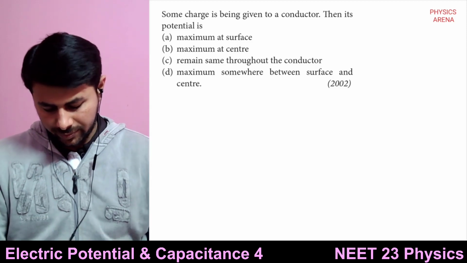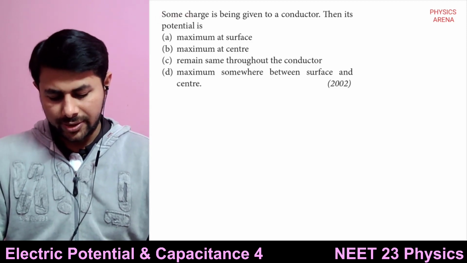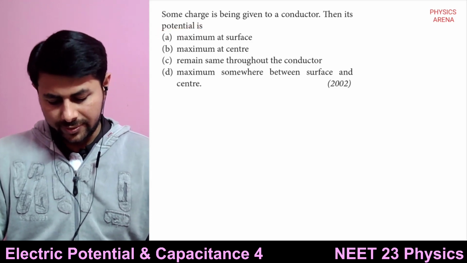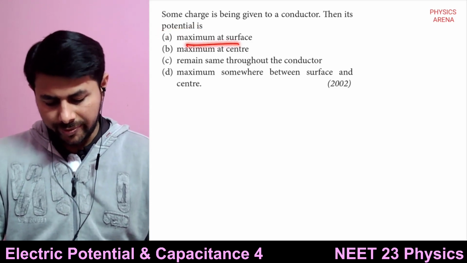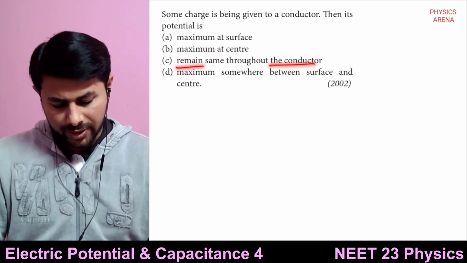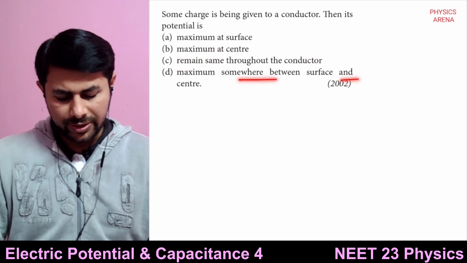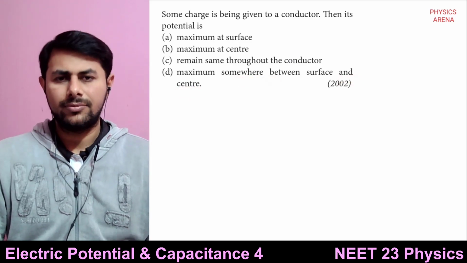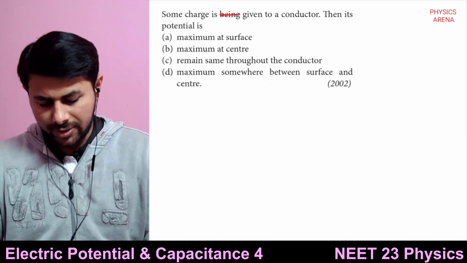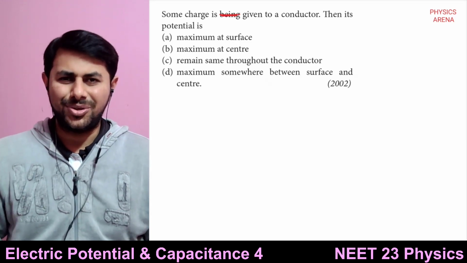Next question. Some charge is being given to a conductor, then its potential is maximum at surface, maximum at center, remains same throughout the conductor, maximum somewhere between the surface and center. So some charge is given to the conductor, not being given.